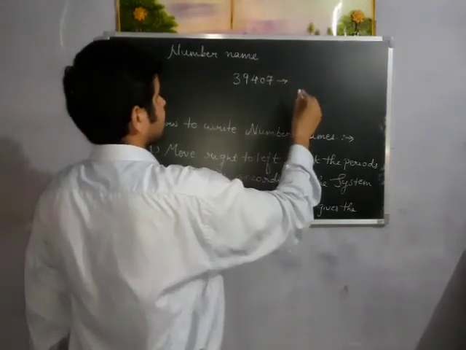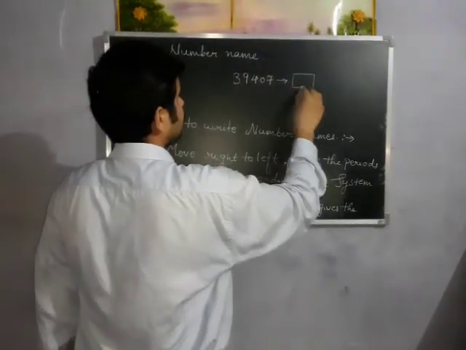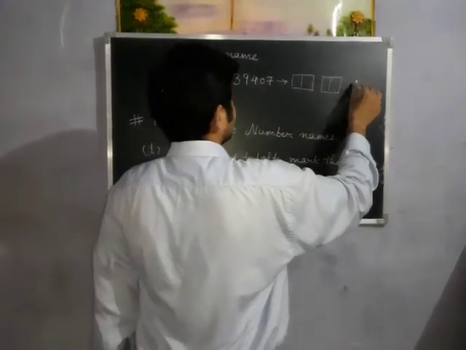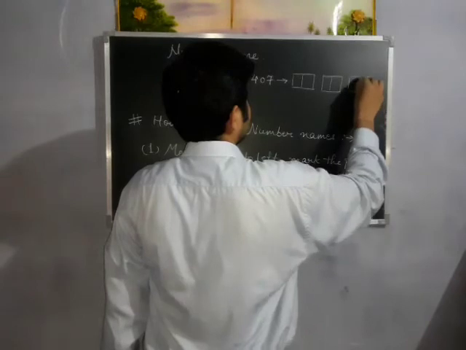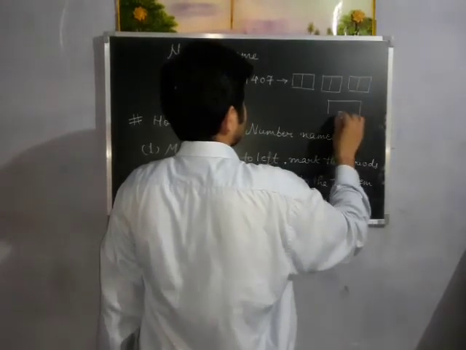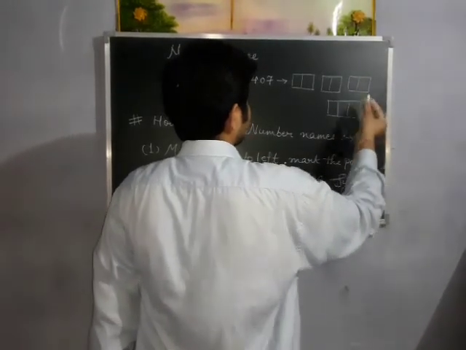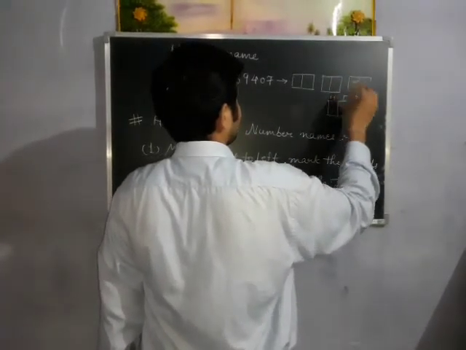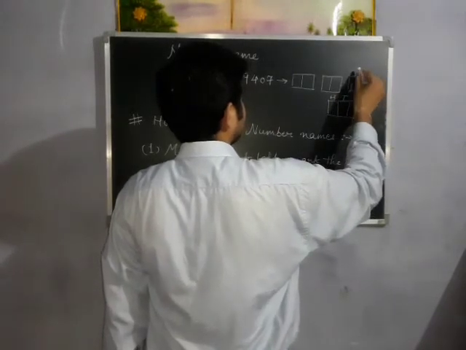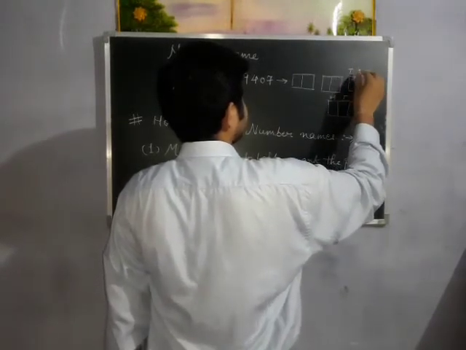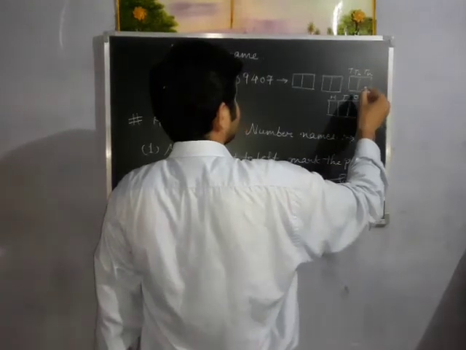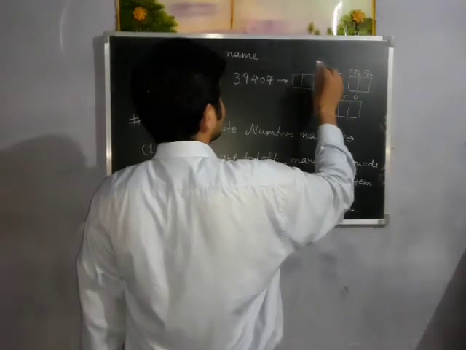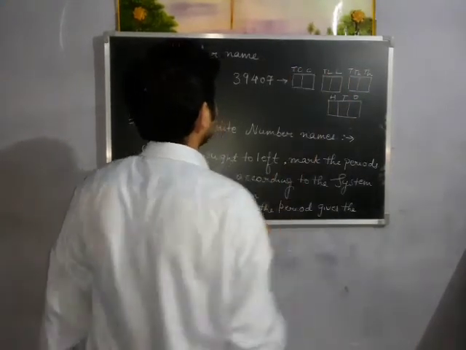Here, students, I am making period blocks once again, and I am writing the place names over them: ones, tens, hundreds, thousands, ten thousands, lakhs, ten lakhs, crores and ten crores.